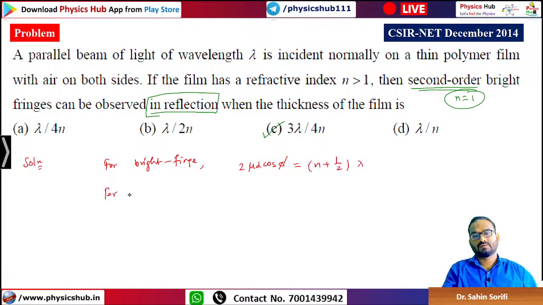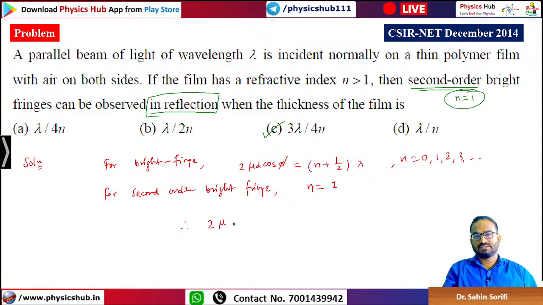For the second order bright fringe, n is equal to 1, since we count 0 then 1. Therefore, twice mu d cos phi prime, where d is the thickness and cos 0 because it is normal incidence.